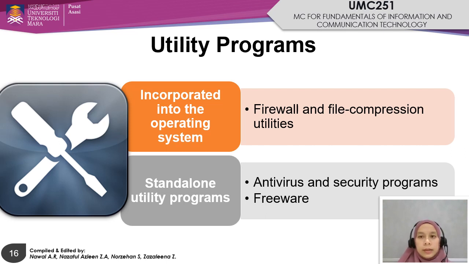The basic utilities designed to manage and tune the computer hardware are incorporated into the operating system. Meanwhile, standalone utility programs typically offer more features or an easier user interface for backup, security, diagnostic, or recovery functions.